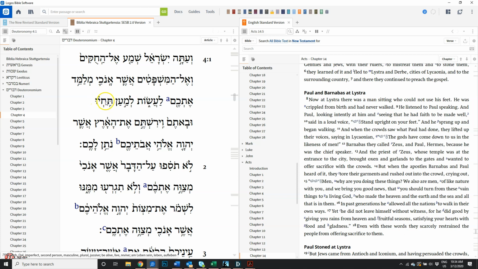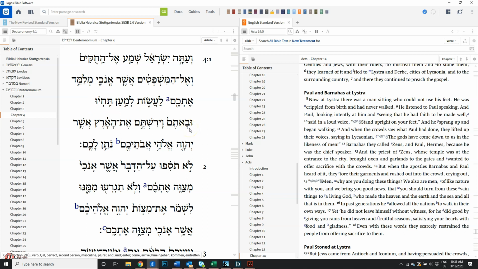But the tav prefix and the shureq suffix tell me this is 2mp. In order that you will live. And actually, this may be a jussive form. Sometimes the second person takes a jussive form to emphasize the contingency or conditionality of it. This isn't saying you are going to live. This is in order that you might live, in order that you would live.